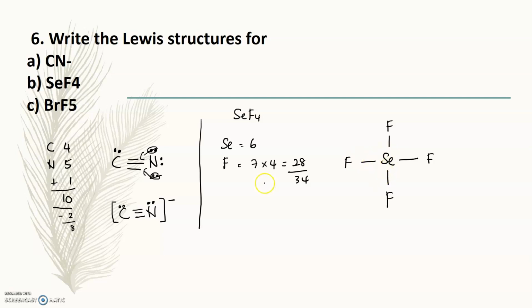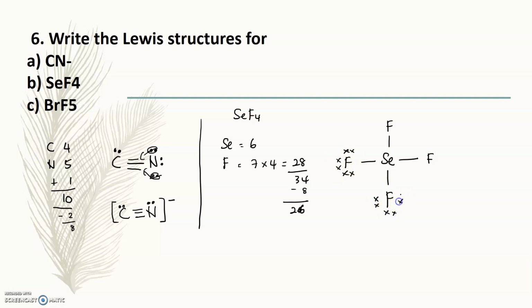So 2, 4, 6, 8. 34 minus 8 is 26. Then fluorine has 7 valence electrons, 1 has been shared, so 6 non-bonding electrons for each fluorine atom, or 3 lone pairs.